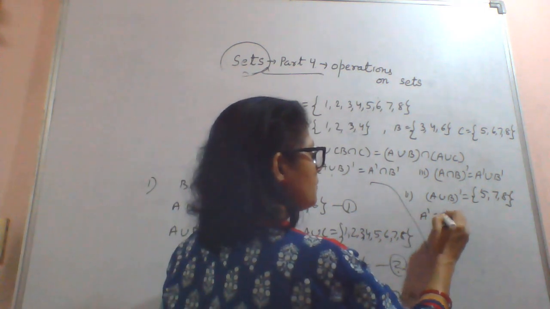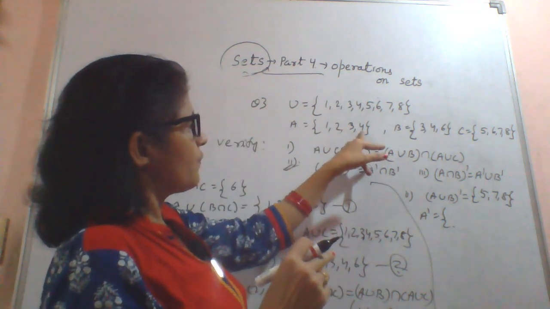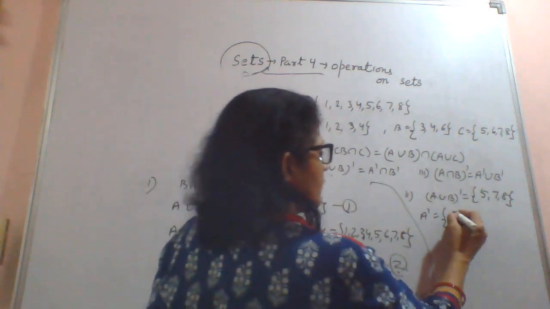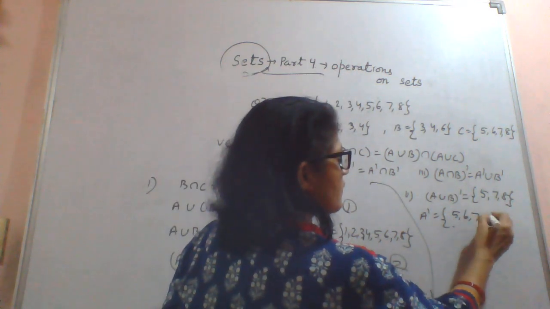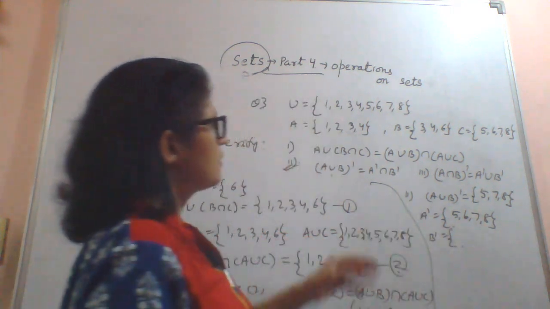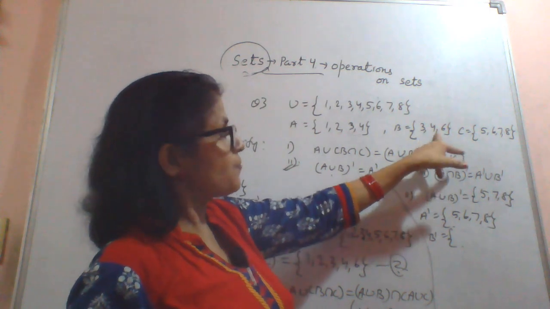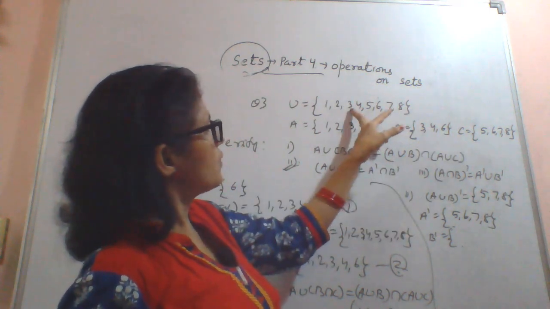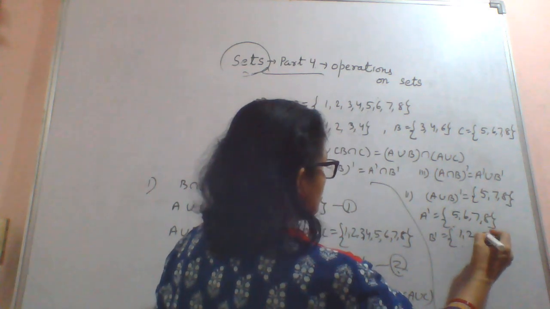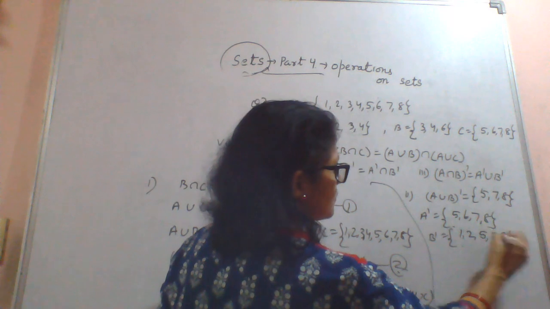Now A complement जो A में नहीं होगा, 1 2 3 4 A में है, so 1 2 3 4 नहीं लेंगे. {5, 6, 7, 8}. B complement is what? जो B में नहीं होगा, so 3 4 6 नहीं लेंगे. 3 4 6 को छोड़ के {1, 2, 5, 7, 8}.